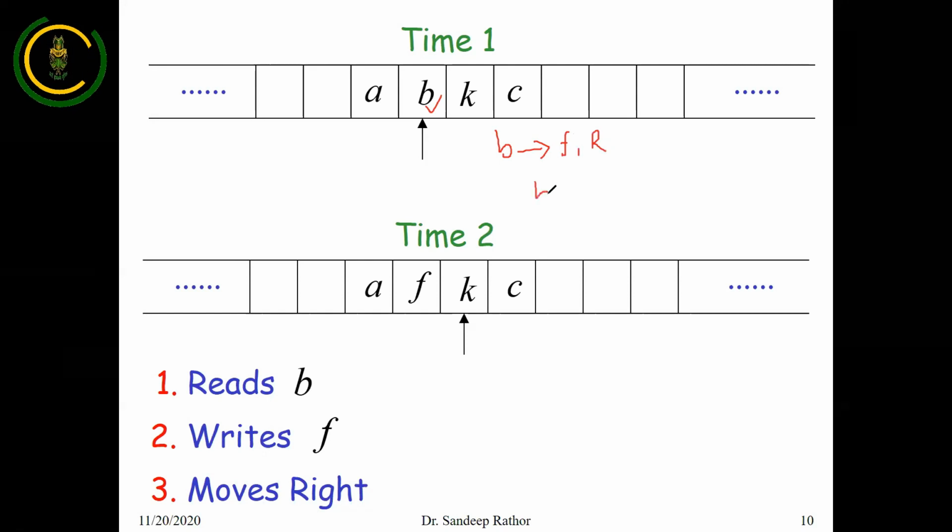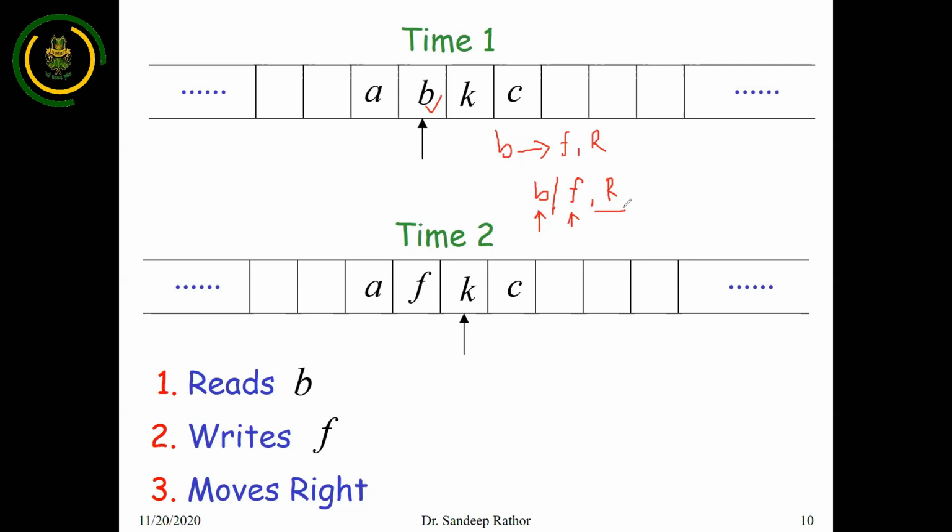You can also write the same thing in this way. This one, B/F, R. That means the first one is the reading symbol, another one is the writing symbol, and the last one is the direction.